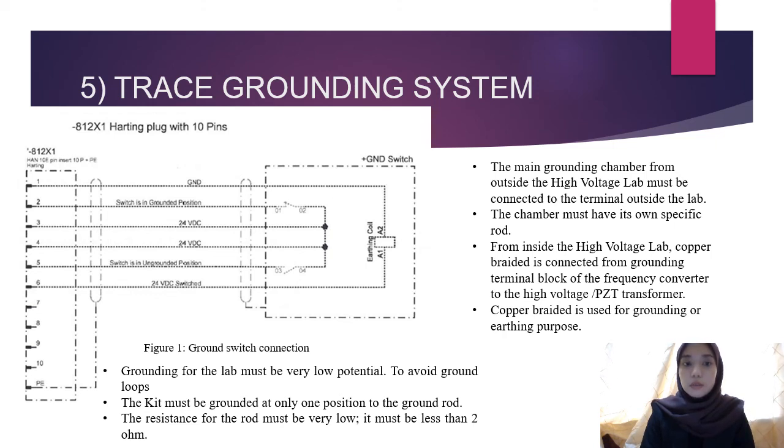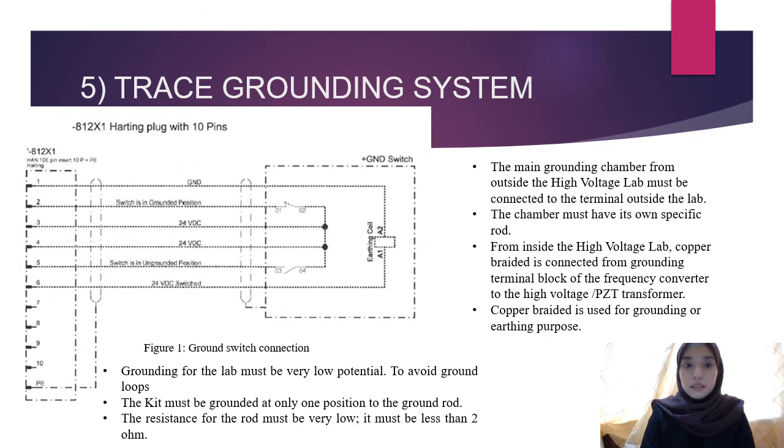To make sure that the grounding line functions properly, the grounding for the lab must be at very low potential. To avoid ground loops between different grounding points, the kit must be grounded at only one position to the ground rod.